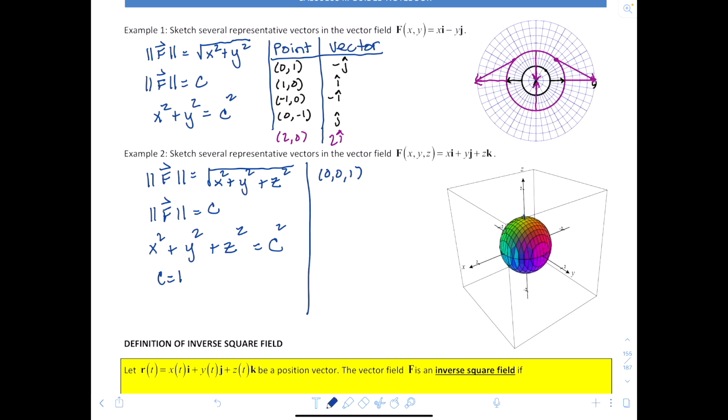Because we started out with xi plus yj plus zk, right? Sorry, I think I'm diverging a little bit. So here, that would just be k, the vector k, and it would have a magnitude of 1. So it would go up here. And similarly, they will all kind of go out like that. Pretty cool, huh?